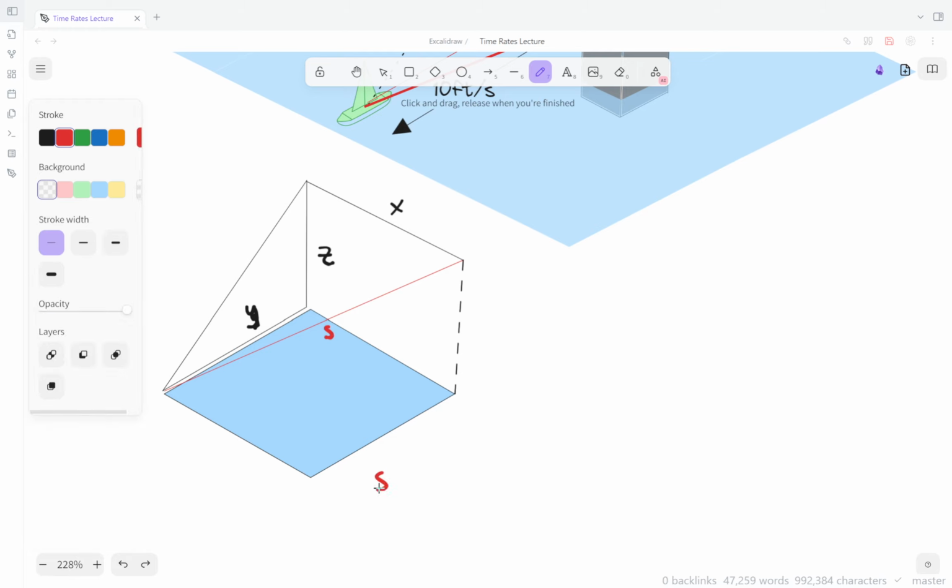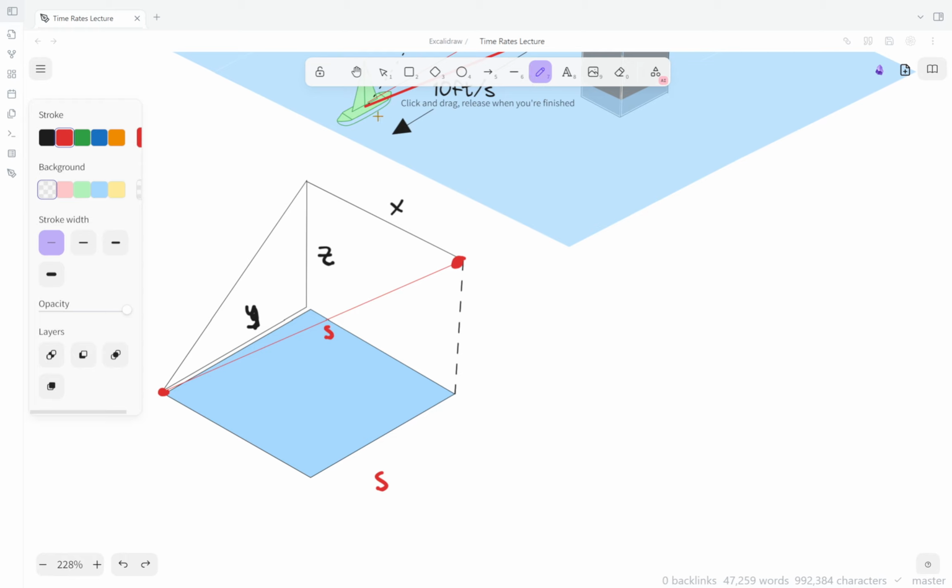Well, for s, we're measuring distance between points. This point right here, for example, along the x-axis, they're separated by the distance x. Along the y-axis, they're separated by the variable y. And along the z-axis, they're separated by the variable z. So how do you find the distance between them?